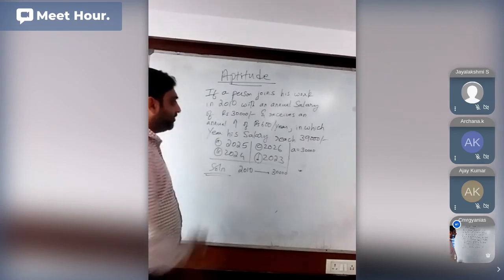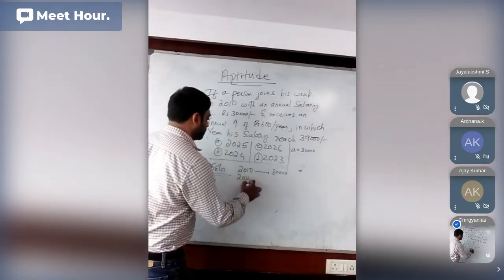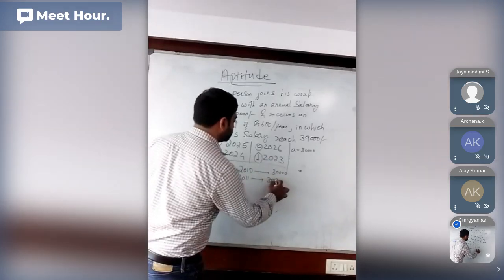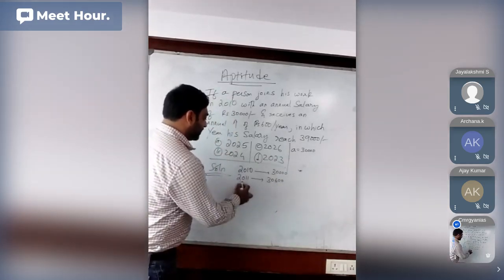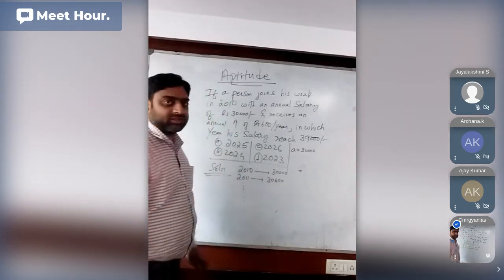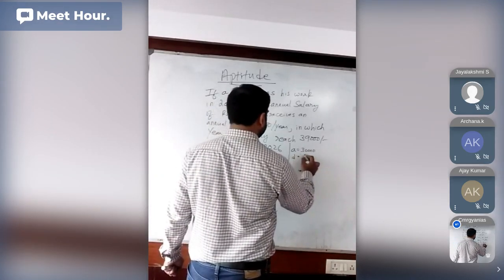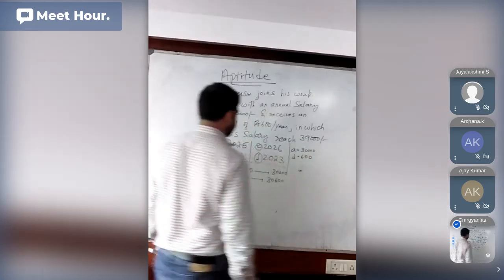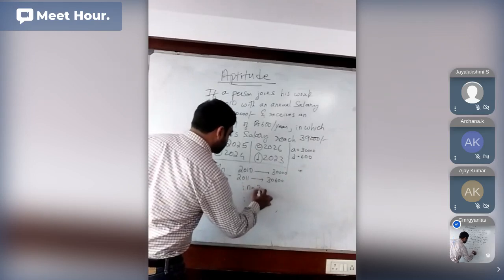So 2010 it is 30,000, 2011 it will become 30,600. Like this it goes on, and they are asking which year. So D is how much? D is equal to 600.